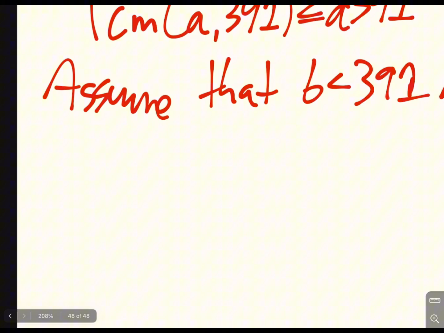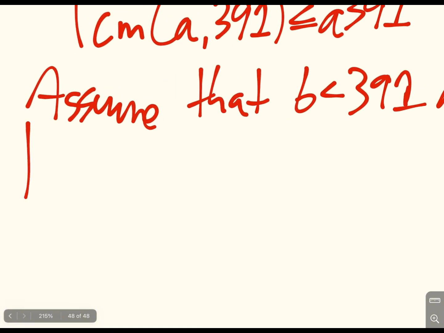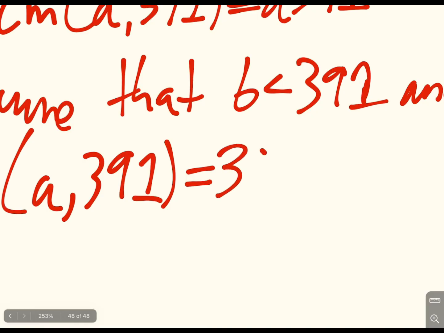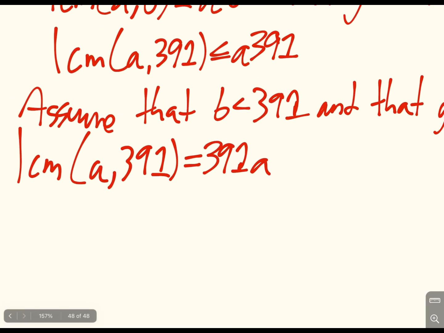So from here we can start constructing a large inequality: the least common multiple of a and 391 is going to be equal to 391 times a, and that's by definition, because they're relatively prime.